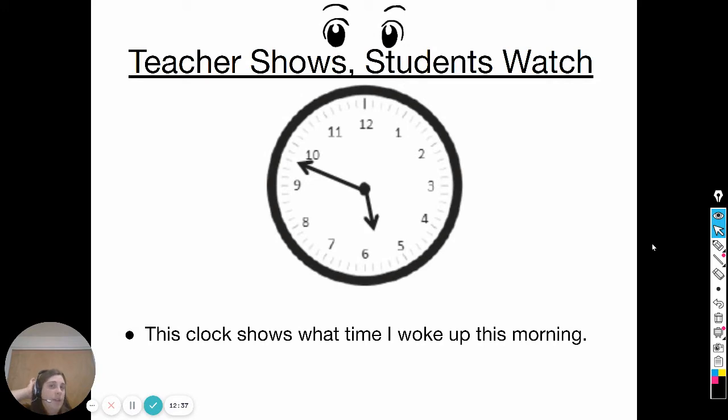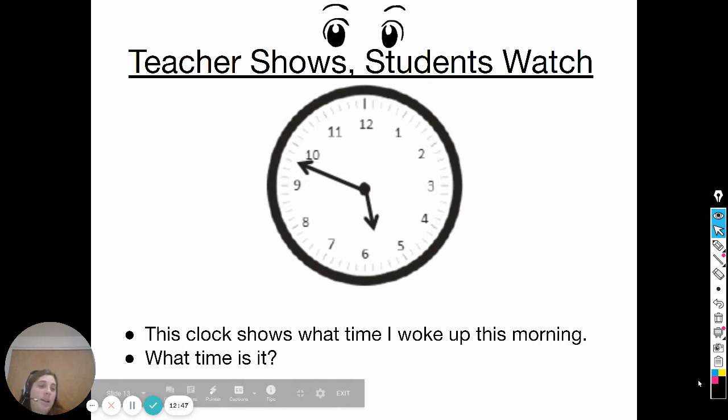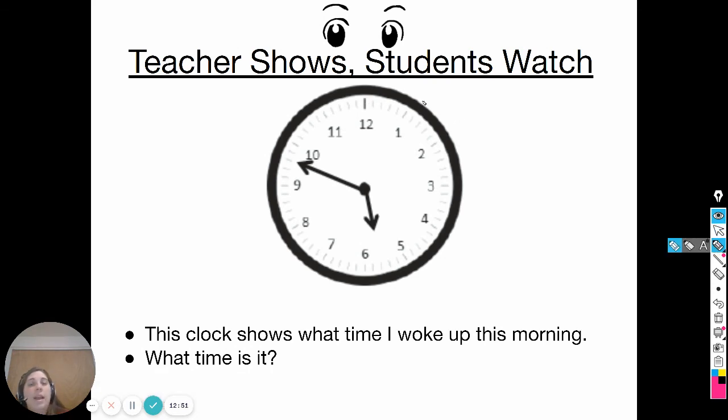Okay, here's another example. I'm going to show you how to do it, and then you're going to do one. This clock shows what time I woke up this morning. What time is it? So what we're going to do is start up here at the 12, and I'm going to count by 5s until I get to the minute hand, okay? 5, 10, 15, 20, 25, 30, 35, 40, 45.